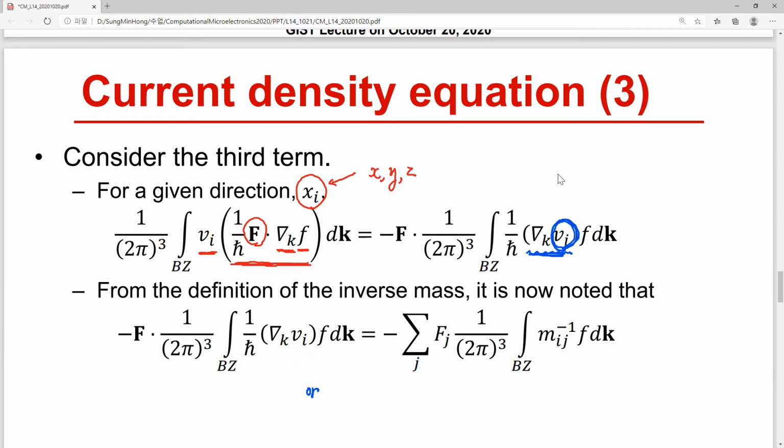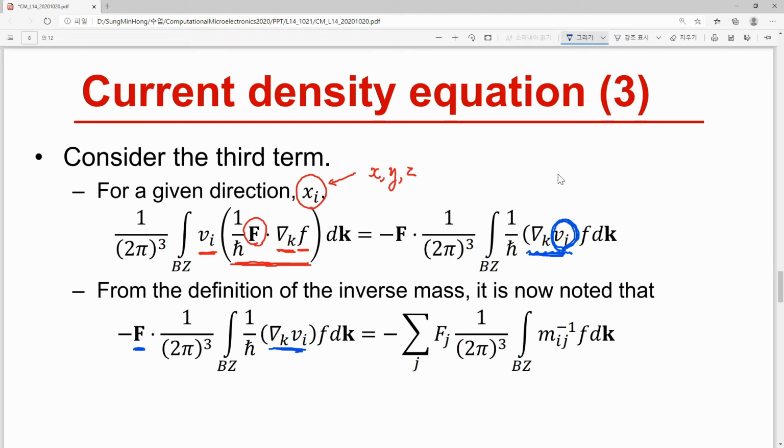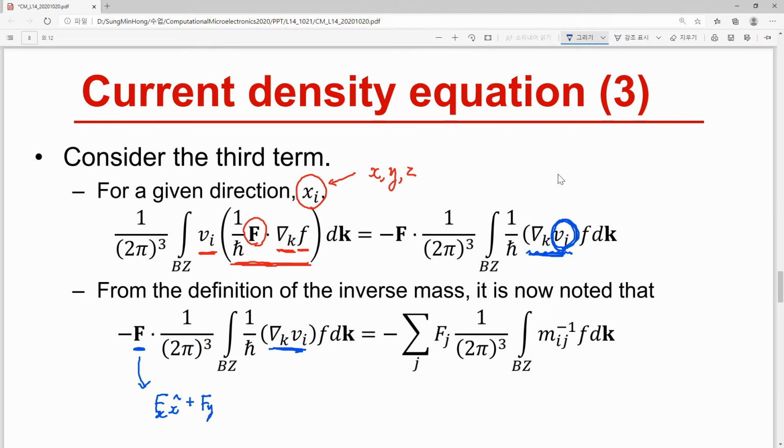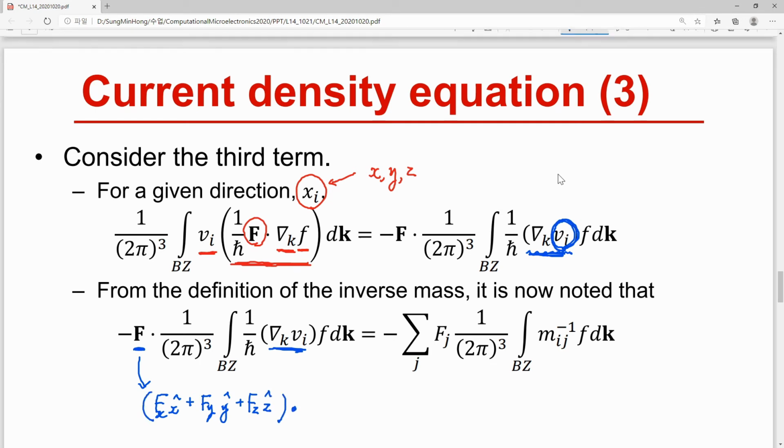Let me just write it down. This term will give you, for example, f_x in the x direction, f_y in the y direction, and f_z in the z direction. That will be the result of this electric force.